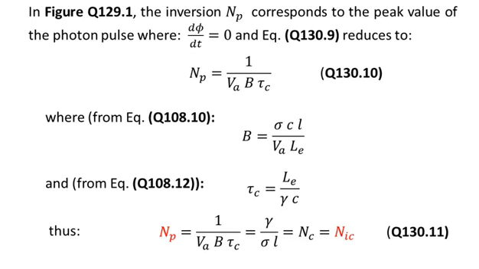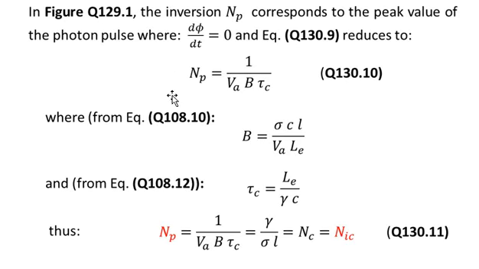The value of τ_c from equation number 12 is τ_c equal to L_E over γ_c. So you can put the values of B and τ_c into equation number 10.